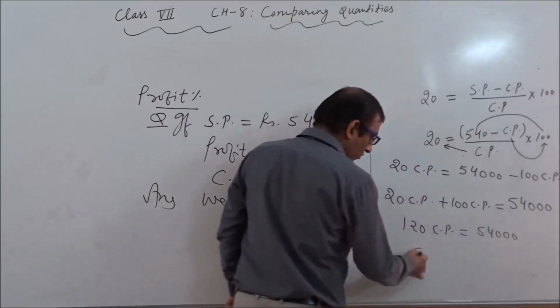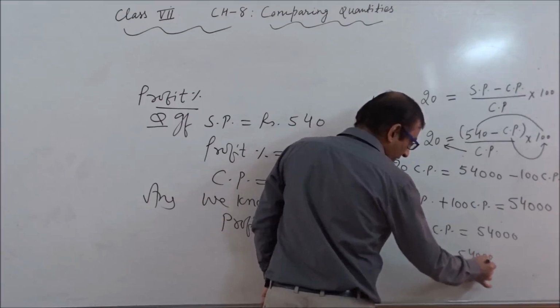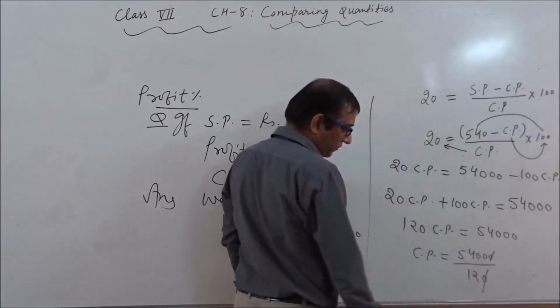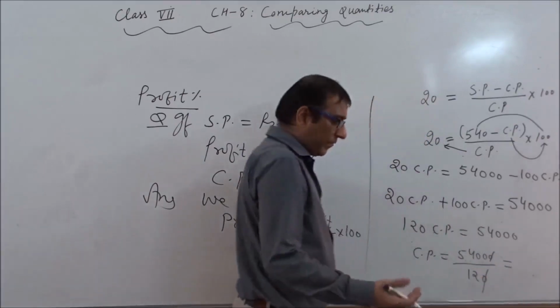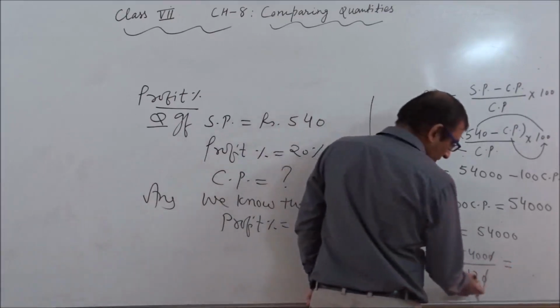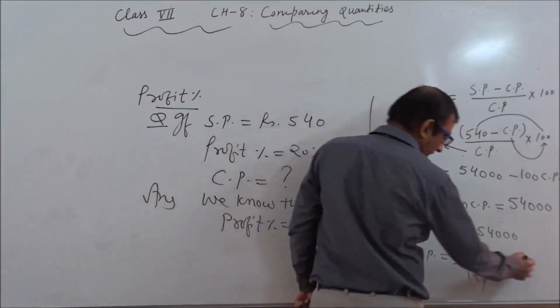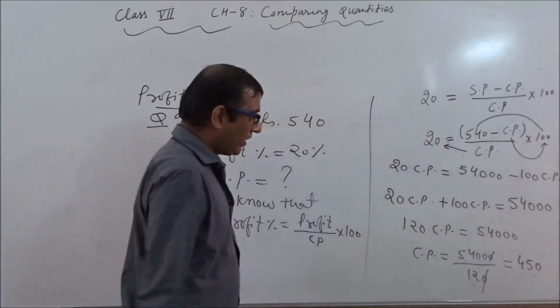So what we will do? We will divide both sides by 120 and solve it. So 0 and 0 cancel. Then when we divide using the table of 12, 12 times 4 is 48, 6 is remaining, and 12 times 5 is 60.